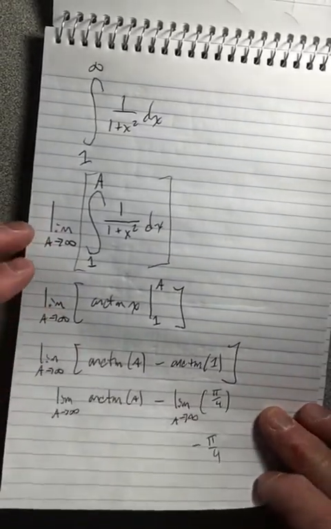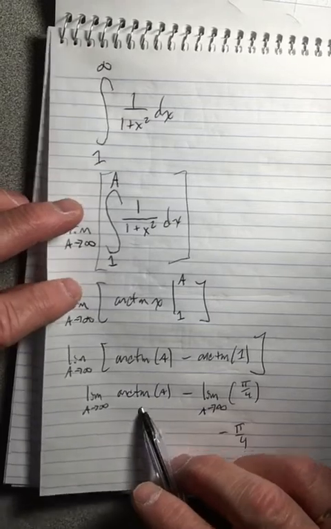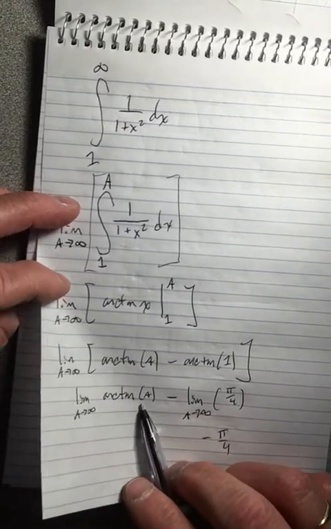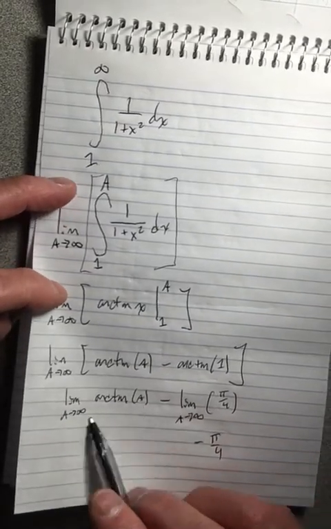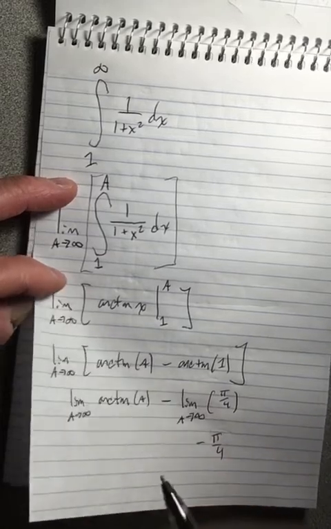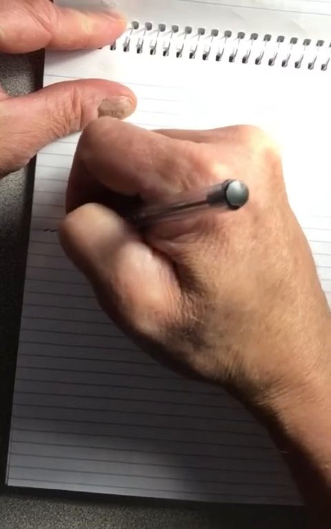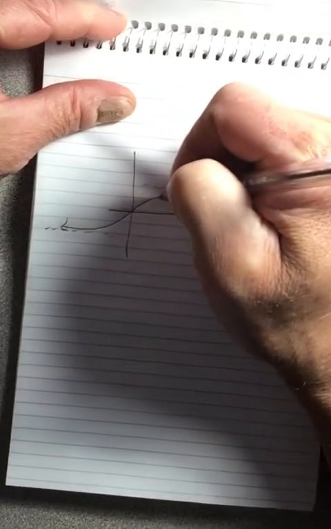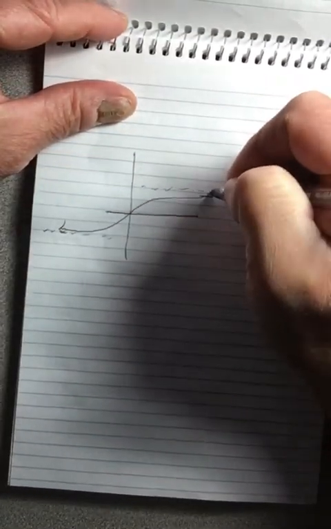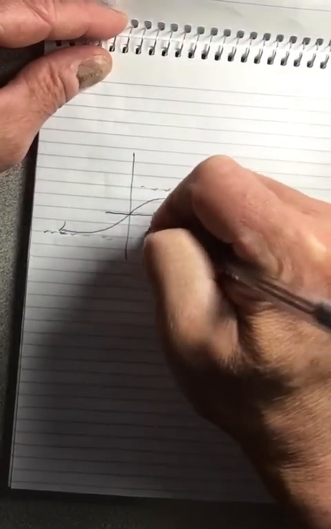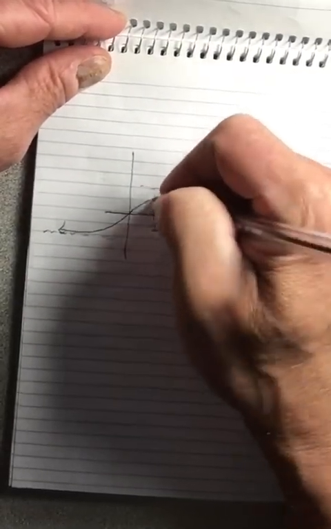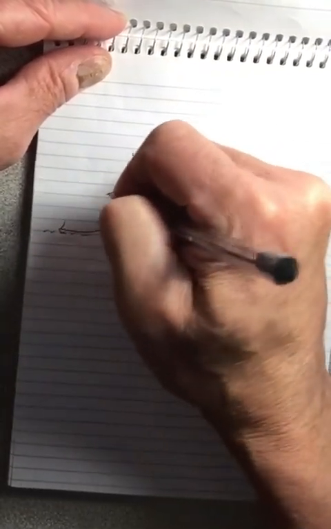We need to look at the arctan function as the inputs go to infinity. The arctan function has these asymptotes here, and we have a curve that's doing this. At 1, the output should be pi fourths.